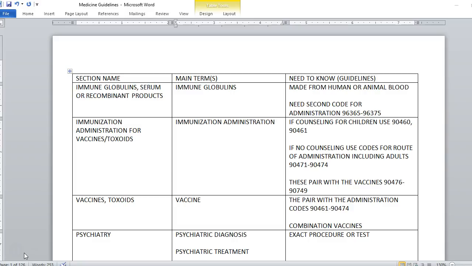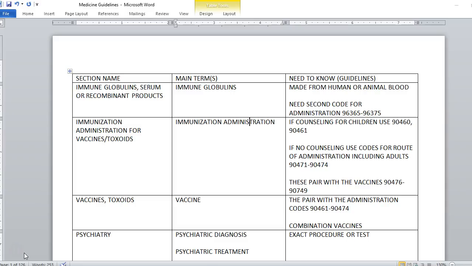So the first section that we're going to come up to is the immunoglobulins, serums, or recombinant products. The main term for these is immune globulins. Now, a lot of people ask me, how do you know it's an immunoglobulin versus a vaccine? Well, the provider has to tell you that information because they have to give us the exact product name of what they're going to inject into the patient.